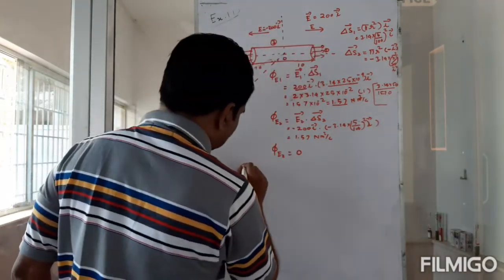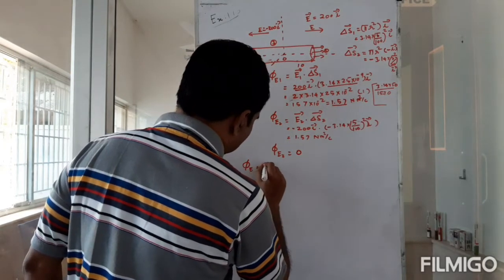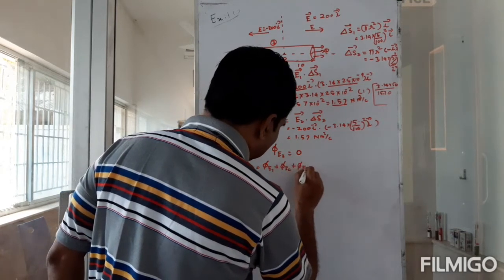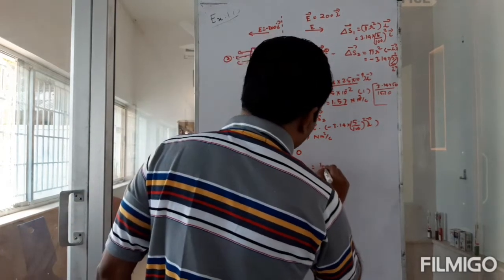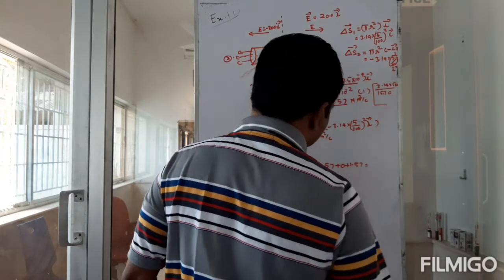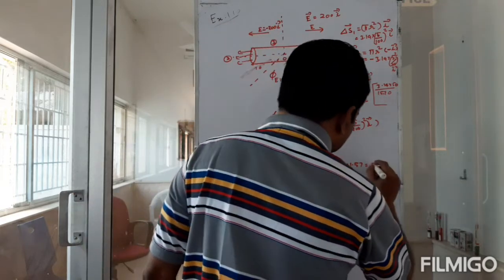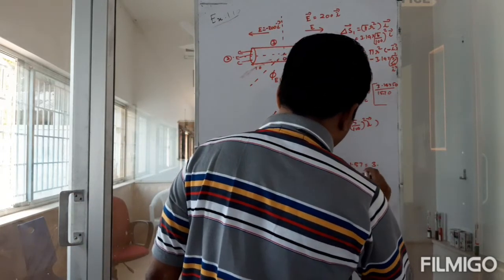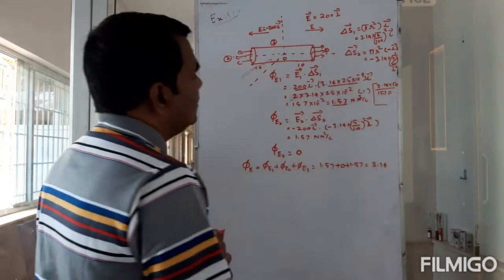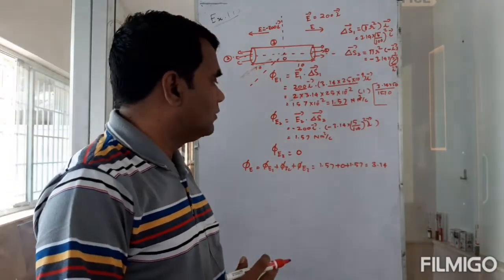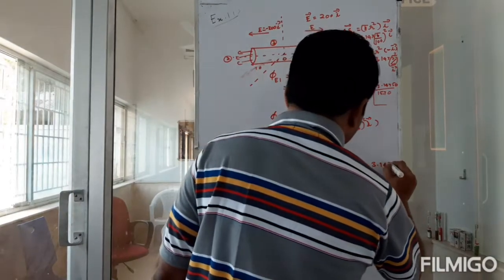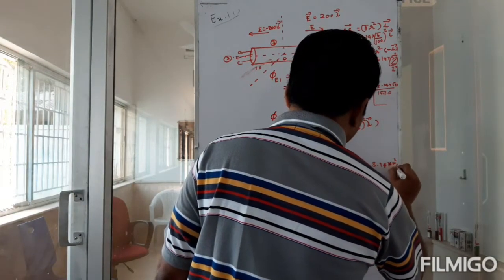So the total flux phi E is equal to phi E1 plus phi E2 plus phi E3, and that gives you 1.57 plus 0 plus 1.57, so that gives you 3.14 Newton meter squared per coulomb.